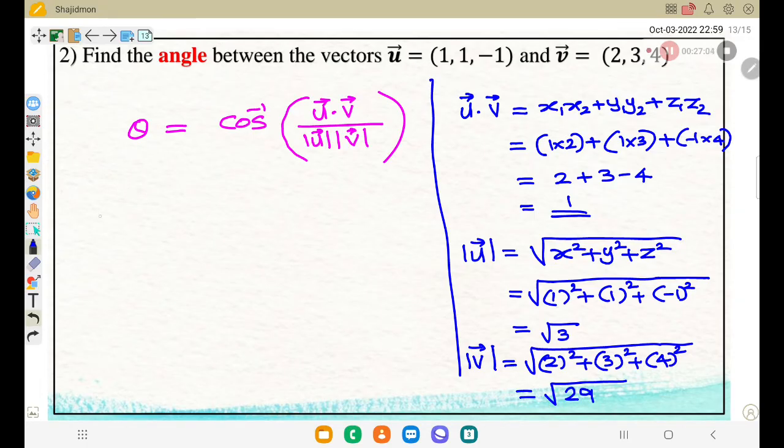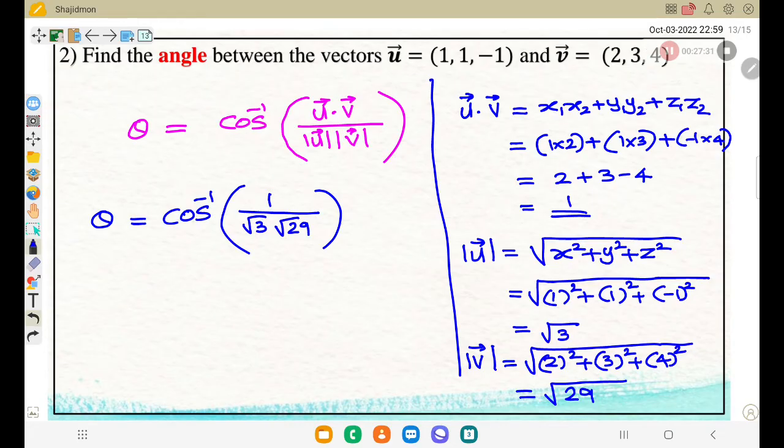So what will be the angle between the two vectors? Theta equals cosine inverse, shift cosine, that is the cosine inverse, of u dot v which is 1, divided by absolute u root 3, multiply absolute v root 29.